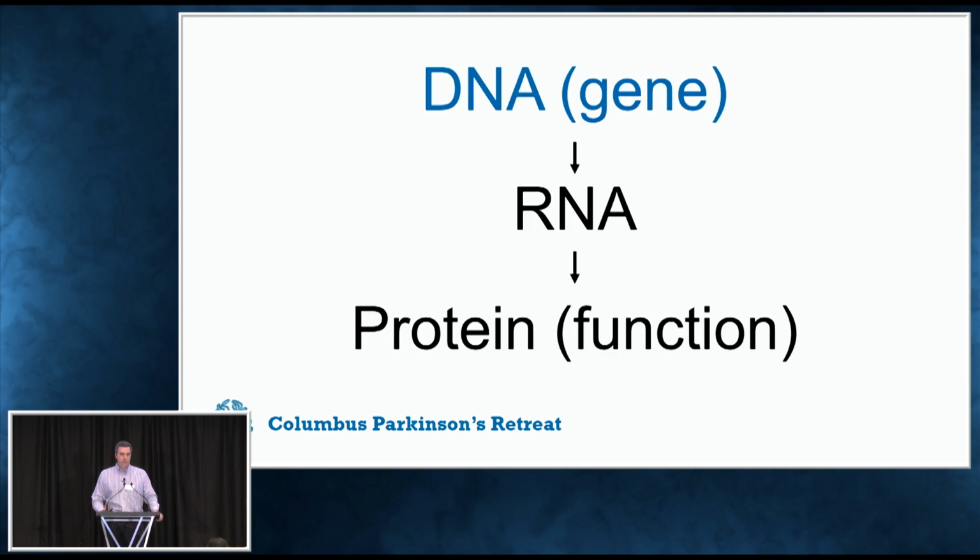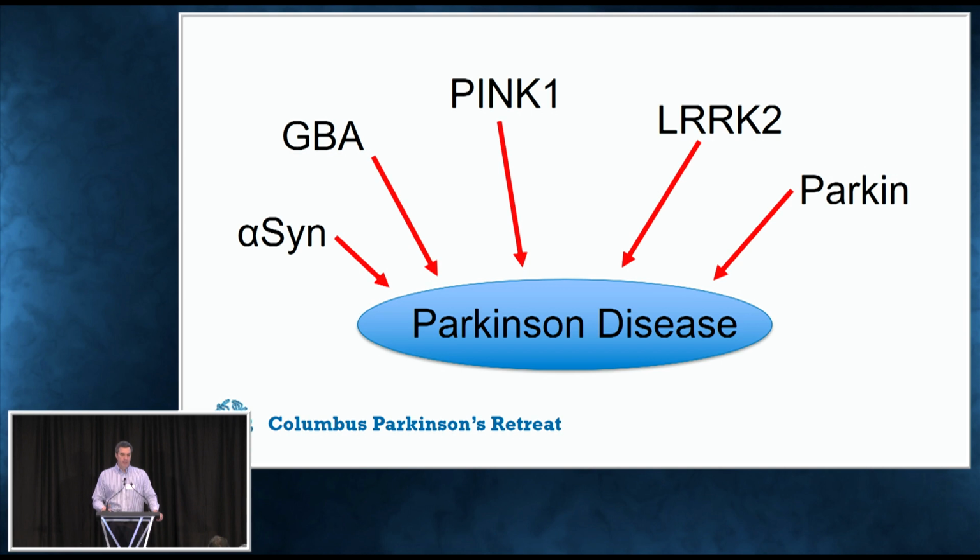Again, genetics is coming primarily from the DNA within that equation, and there are a number of genes that, when mutated, will cause Parkinson's disease to develop. There are many more than this that will actually cause Parkinson's disease, and then there's a large group of genes that, when mutated, will increase the risk for Parkinson's but not actually cause it.